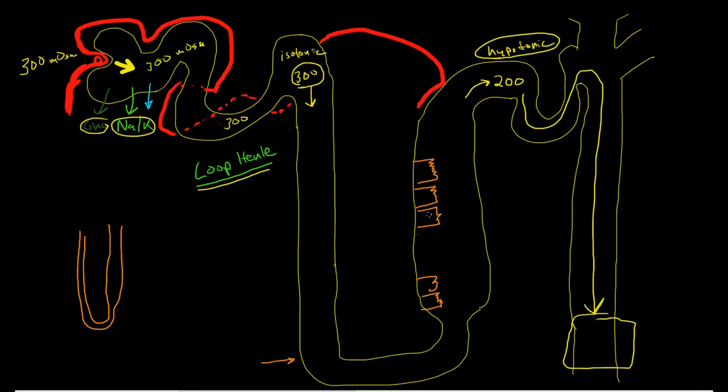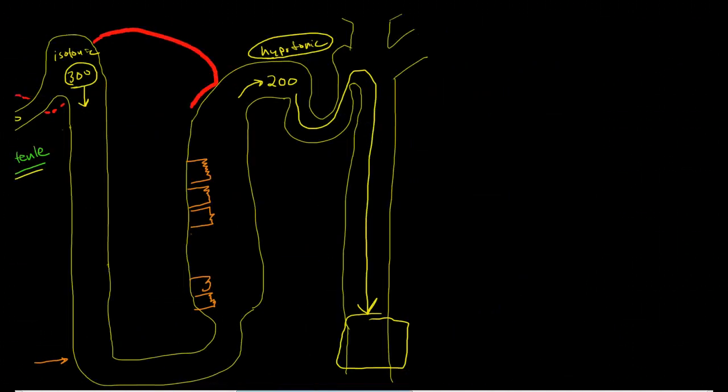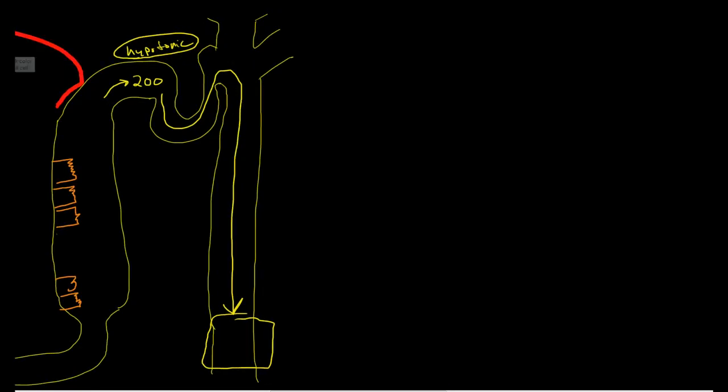Now we have these cuboidal epithelial cells that are lining the tubule in the loop of Henle. I'm going to draw a bigger picture of these here, magnified.